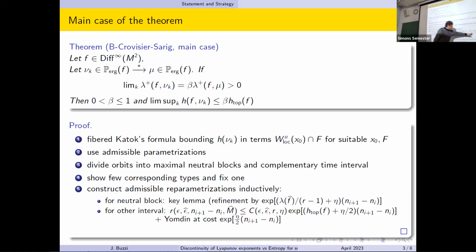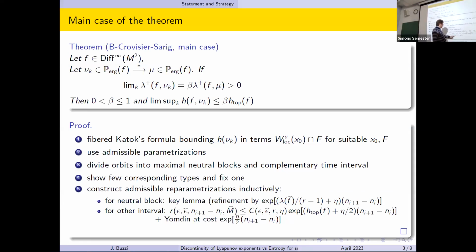This eta is just the error. This is if we were just covering by dynamical balls, but we are working with parametrizations, so there is a multiplication by the usual Yomdin cost.